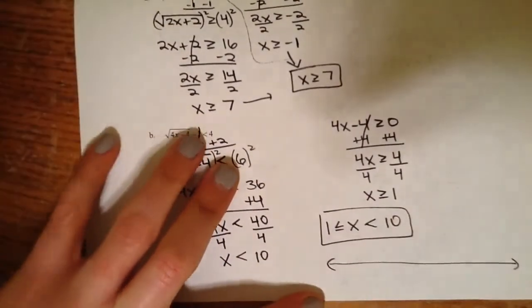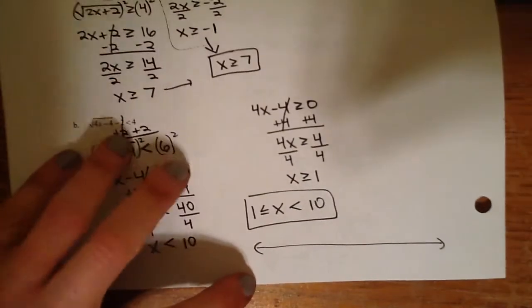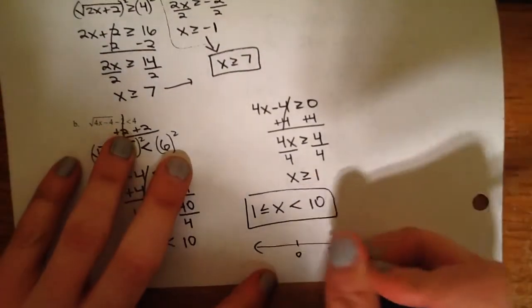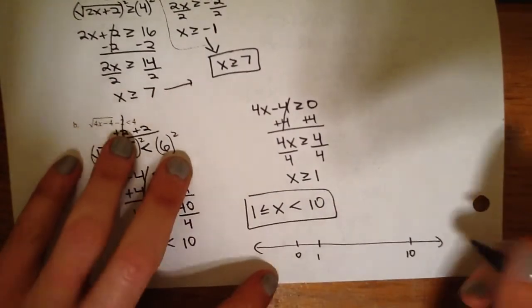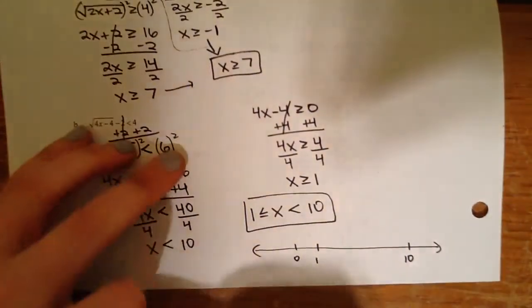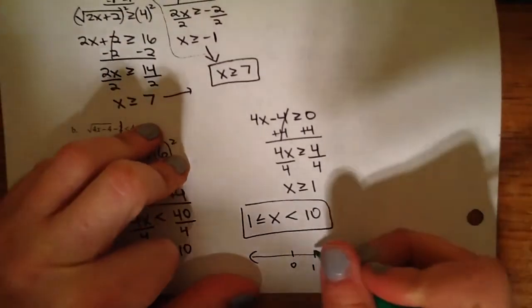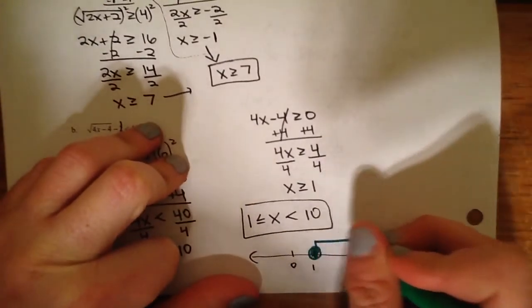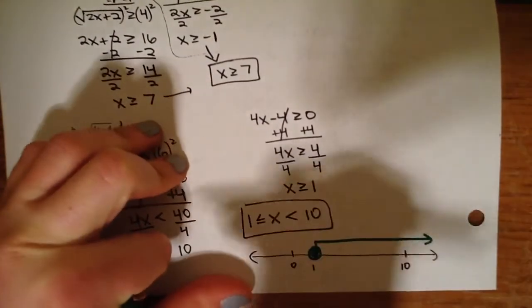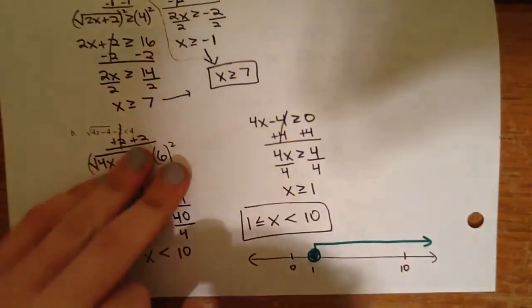Let me remind you guys of something really quickly, if you're trying to figure out how you end up with this. Let's graph both of these on the same line and then show you what the and inequality would look like. So here's 0, here's 1, and then all the way down here will be 10. I'll graph the first one in green here. This first one, x is greater than or equal to 1. Greater than or equal to means I have a closed circle, and then I shade over to the right. Then less than 10, I'm going to do this one in pink.